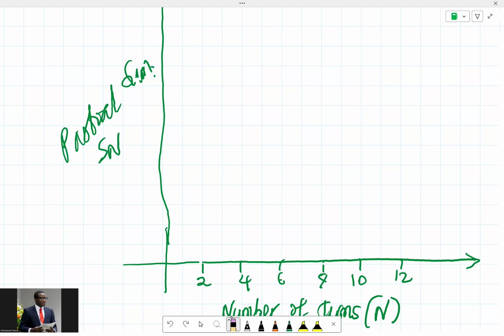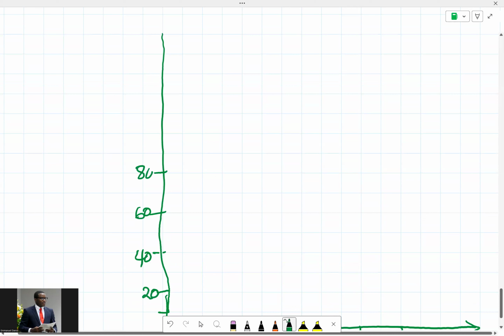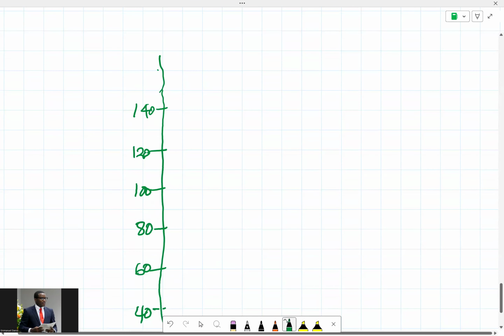So now this is 20, this is 40, this is 60, this is 80, this is 100, next is 120, then 140, and then we can go one more and have 160, and this goes on like that.